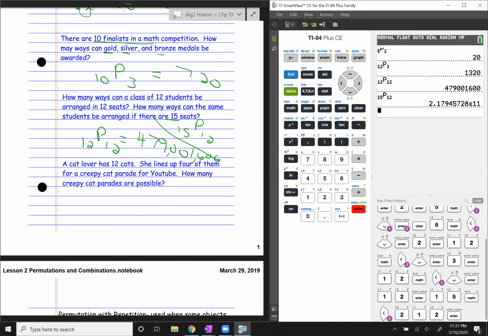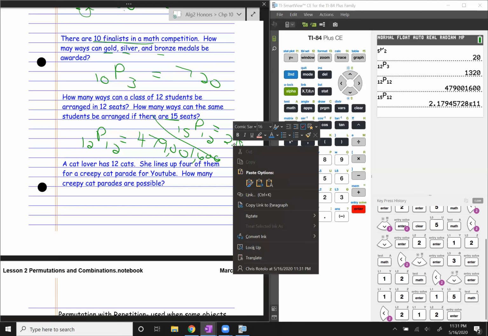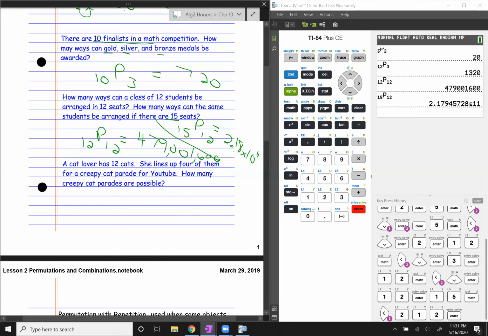Notice what happens, and this is why I wanted to show this one: we turned into scientific notation. So 2.18 times 10 to the 11th. We got a little bit larger so the calculator tripped over. I want to make sure I showed you exactly what was happening.